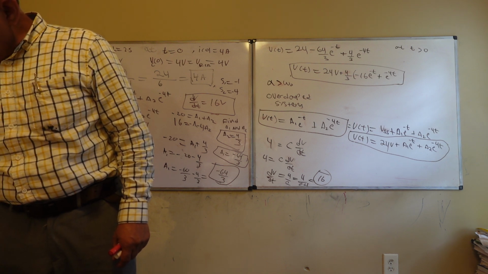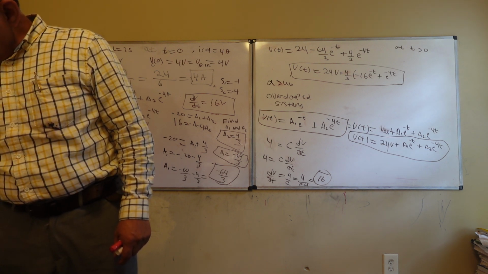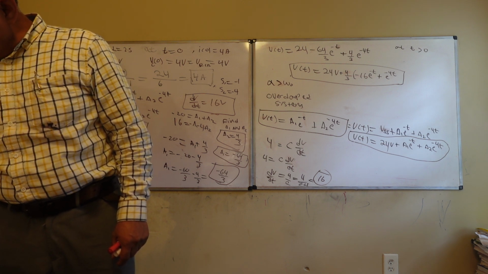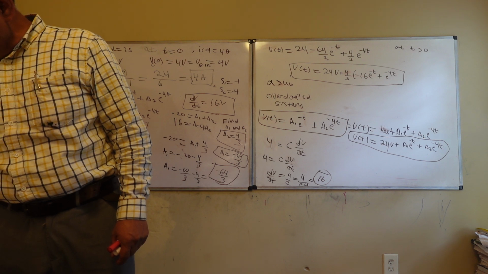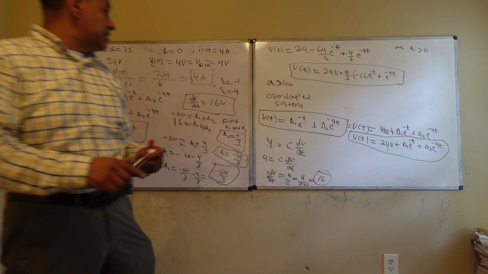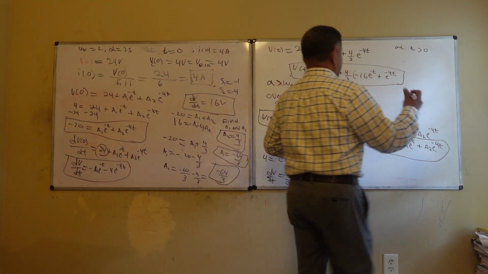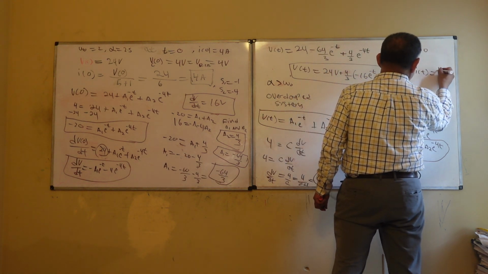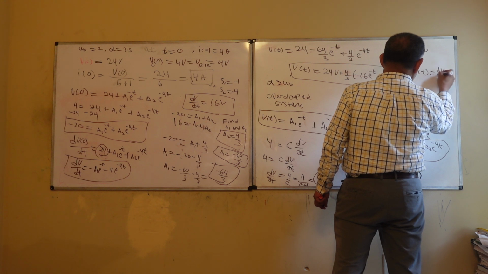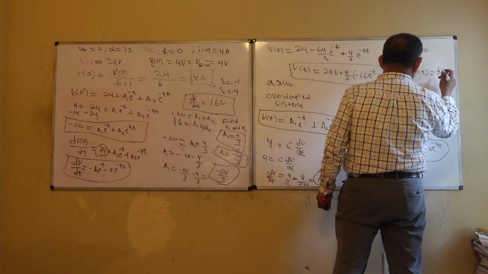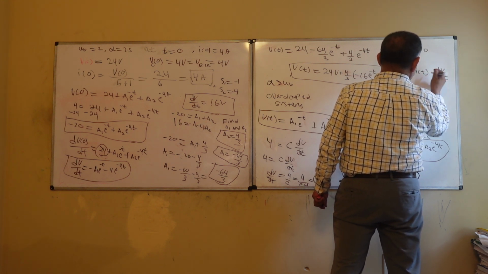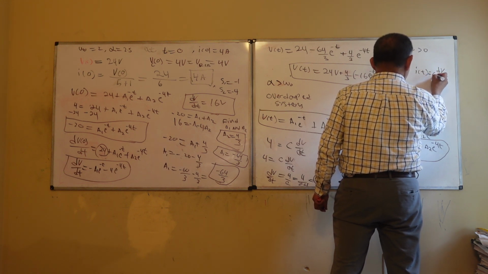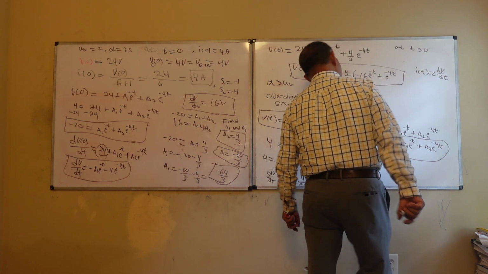So we can use that. I of t is equal to C dV/dt, at that moment.